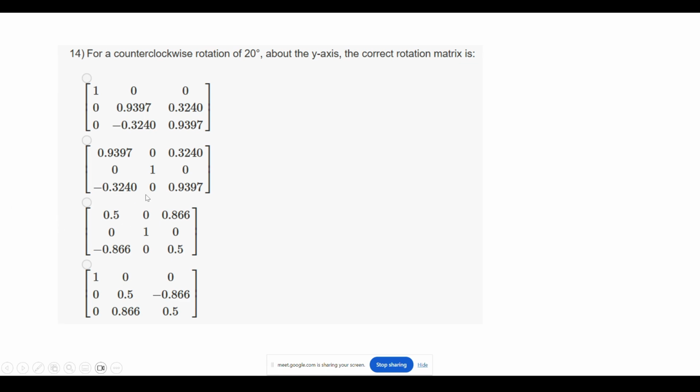Remember the matrix was cos theta, minus sin theta, cos theta, sin theta, minus sin theta, and cos theta, apart from the middle portions.